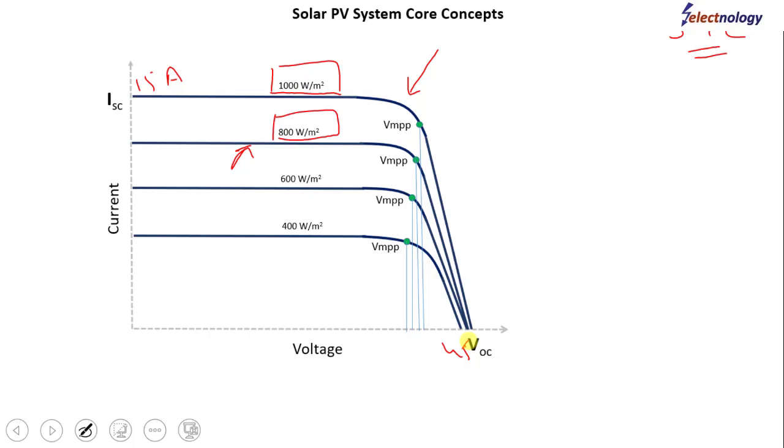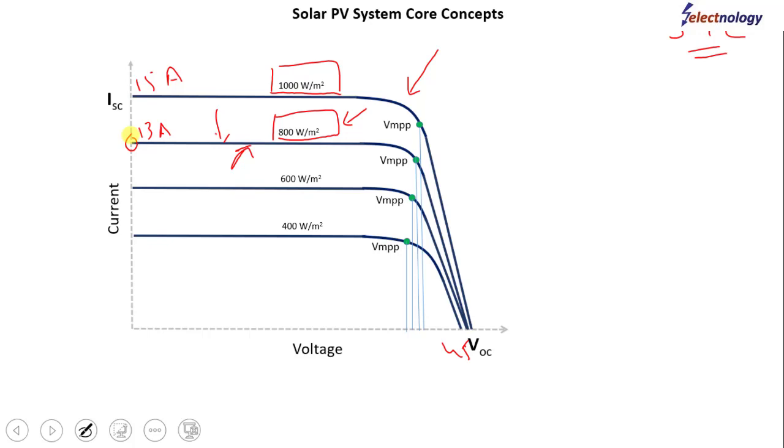Now, if the sun energy is 800 watt per meter square at a particular time of the day or the time of the year, in that case, this graph is the relationship, meaning the maximum current possible to be supplied by the PV module at that time could be, let's assume, 13 ampere. So it can't go beyond that. In this case, the basic relationship is the same. The only difference is that the maximum ampere being supplied by the PV module has reduced to 13 amperes.